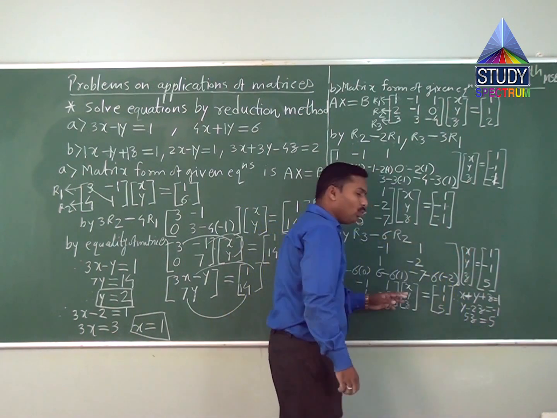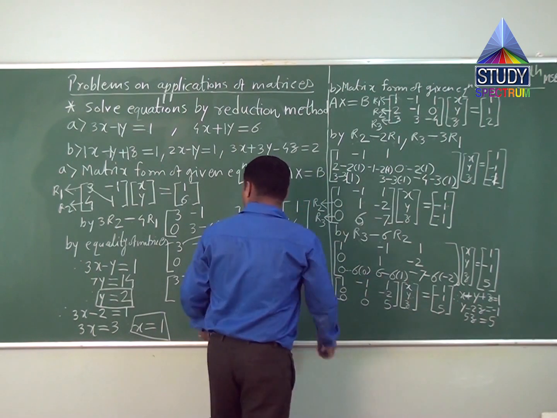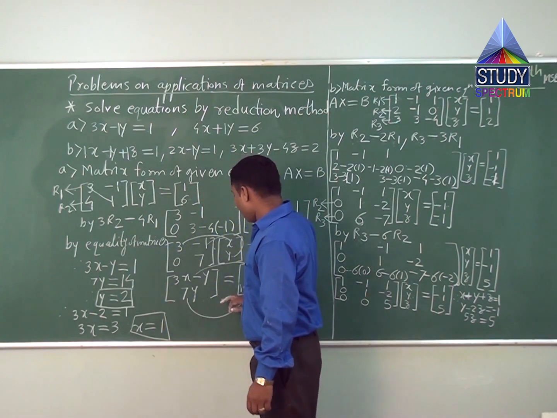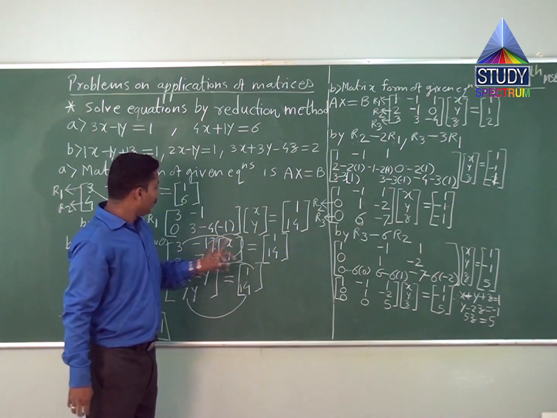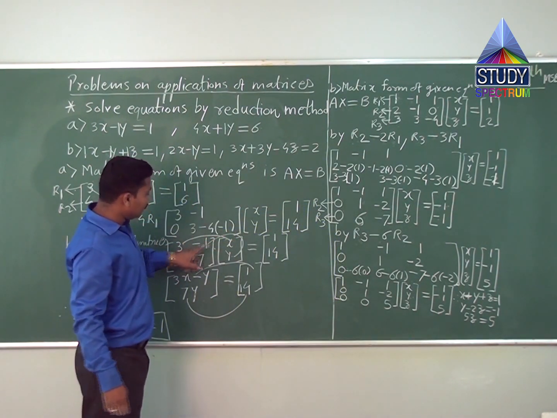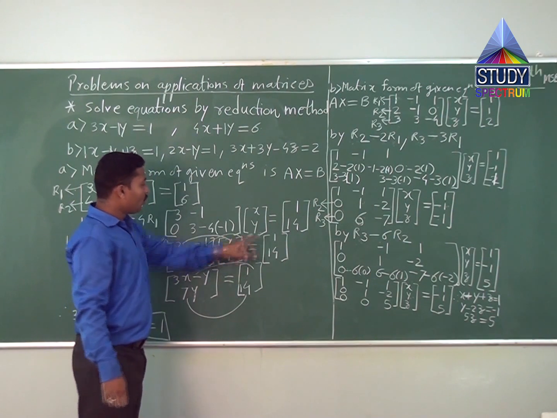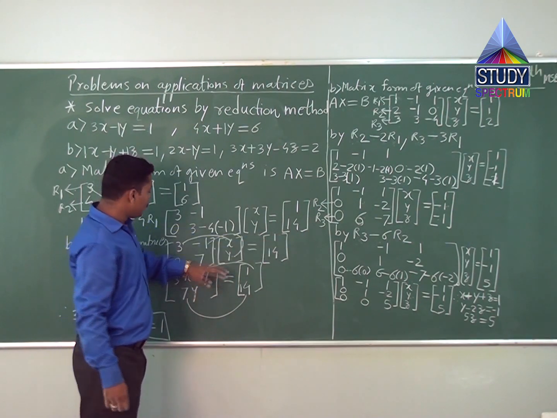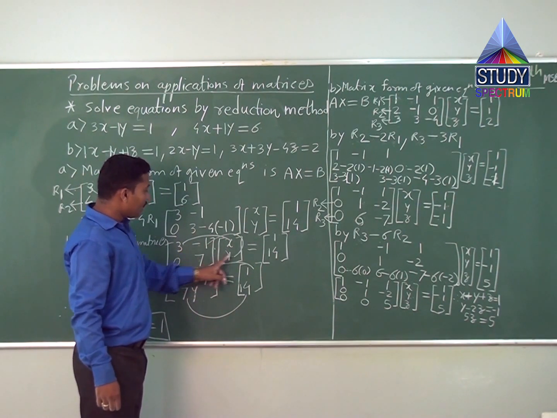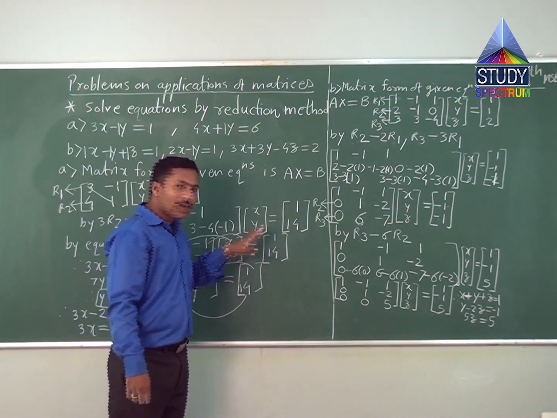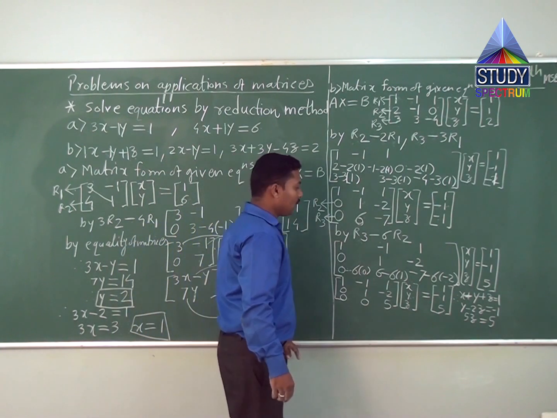So you can do this directly without using this idea. Directly you can take this number into this number plus this number equal to this number. Second row, this number into this number plus this number into this equal to. So you can take it directly.